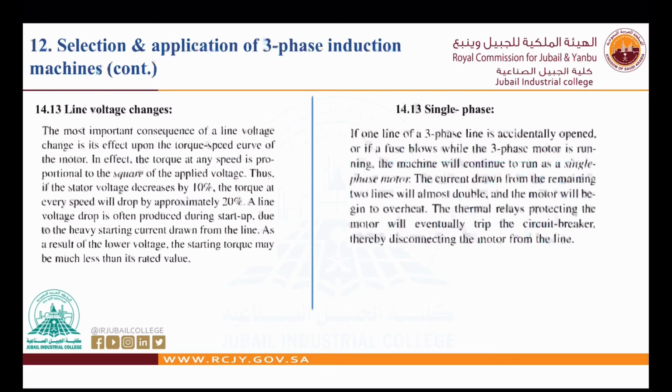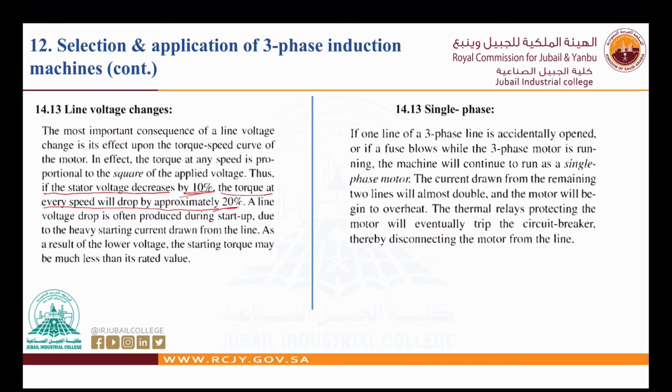This is very important: if the stator voltage decreases by 10%, then the torque at every speed will drop by approximately 20%. That's why we cannot change the voltage supply, because the torque will drop. It is the square of the voltage applied, so it is a very huge drop.